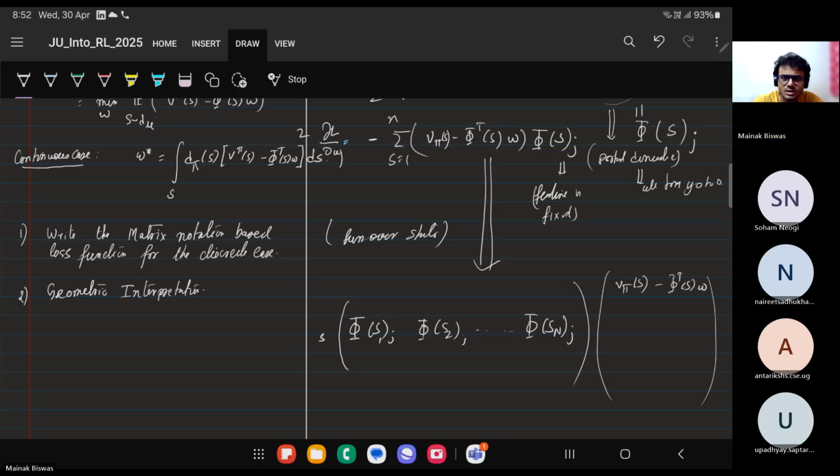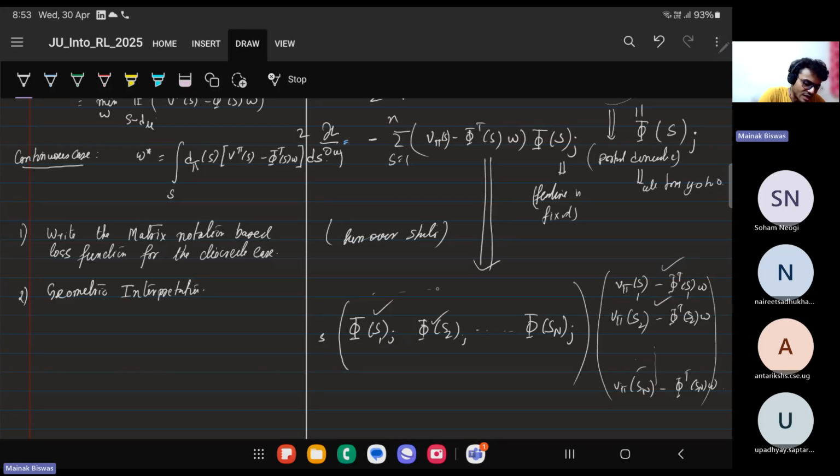Yes or no? V pi of s1 minus phi transpose s1 into w, V pi of s2 minus phi transpose s2 into w, and so on, V pi of sn minus phi transpose sn into w. Correct?